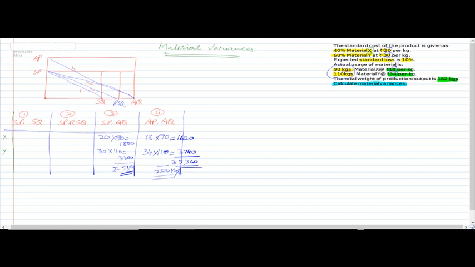Now let us take up first two columns. Firstly, the first column is given standard price into standard quantity. Standard price is rupees 20 and 30 respectively. Now standard quantity. Standard quantity would have to be calculated.